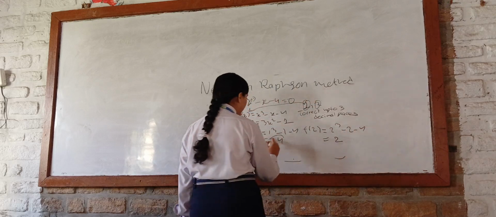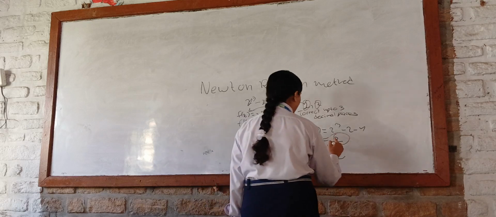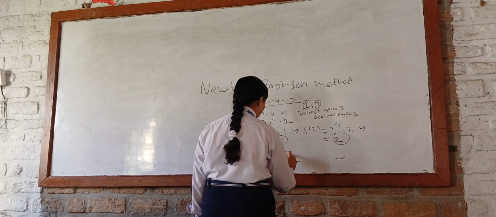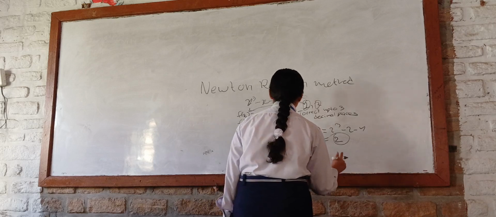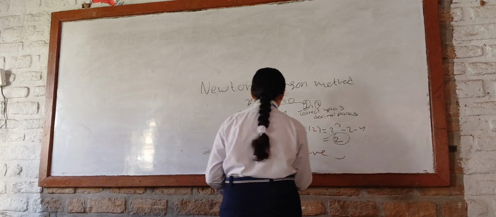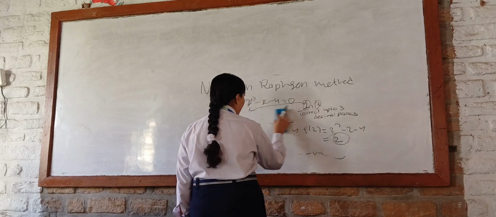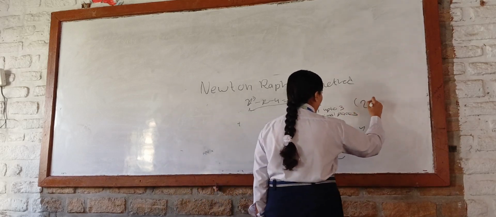So we can see that this value is negative whereas this value is positive. This means that their product is negative. So now that we know this, we can tell that our root definitely lies somewhere in between 1 and 2.